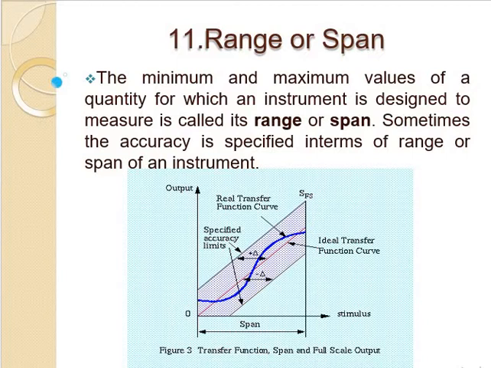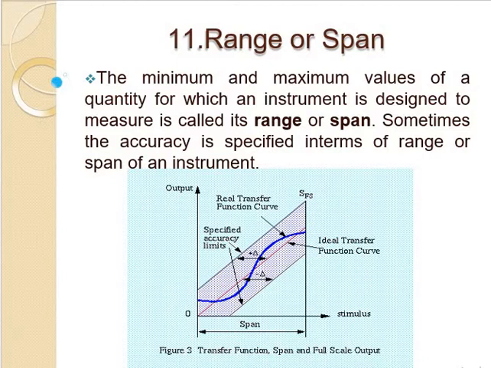By seeing this figure we can see range or span clearly shown. This is the span. The ideal transfer function curve lies inside the specified accuracy limits. These limits should not be crossed. The real transfer function curve is the blue line. This is the span, say 10 years.